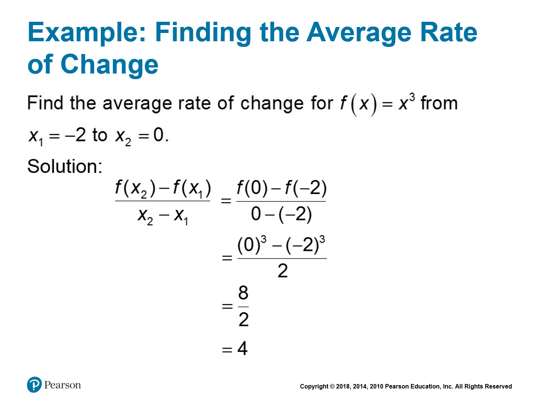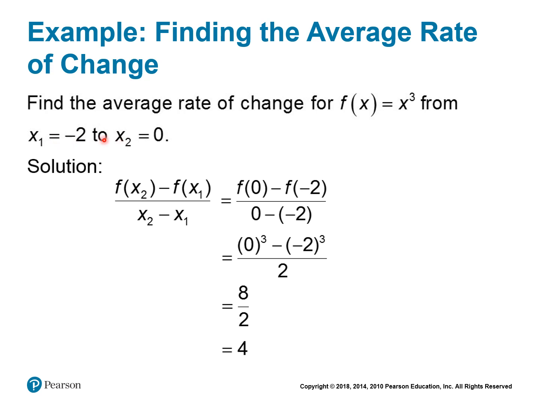Let's go through an example to find the average rate of change of a function when we are given the equation of the function and two x values. All right, we are not given the specific y values, y1 and y2.